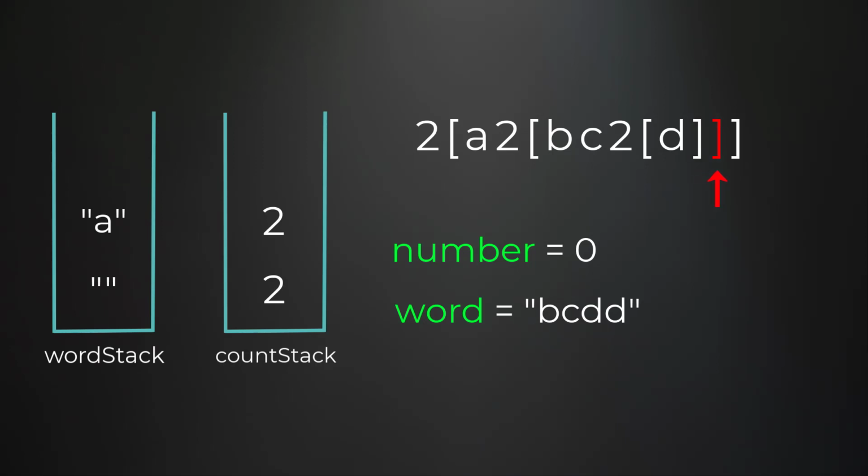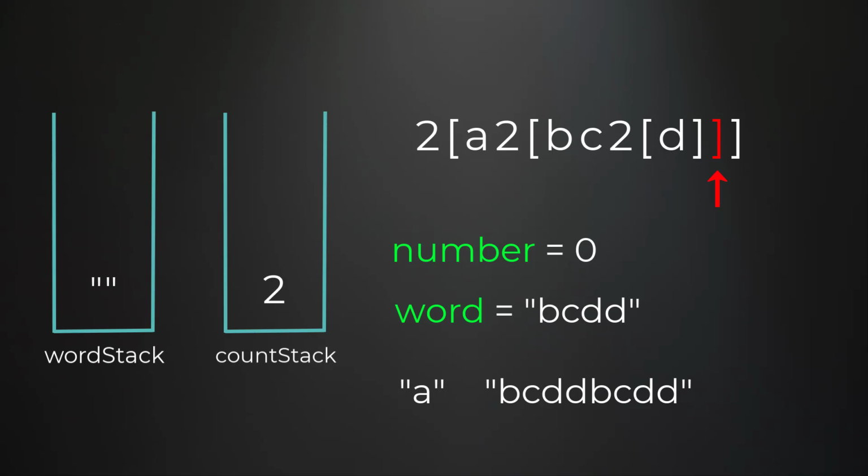So when we move to the next character, we hit another closing bracket. So we're going to do all the same steps as we did before. We're going to pop from the word stack, we get the character A. We're going to pop from the count stack, we get the number 2. And then we repeat our word variable 2 times. So that would be BCDD, BCDD.